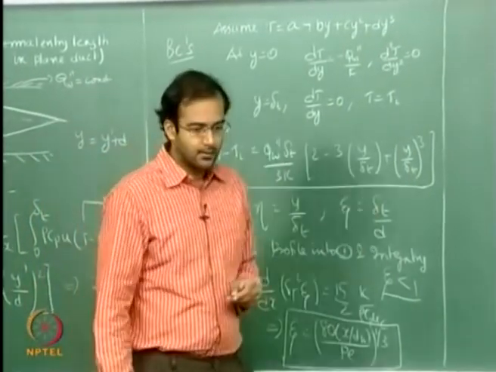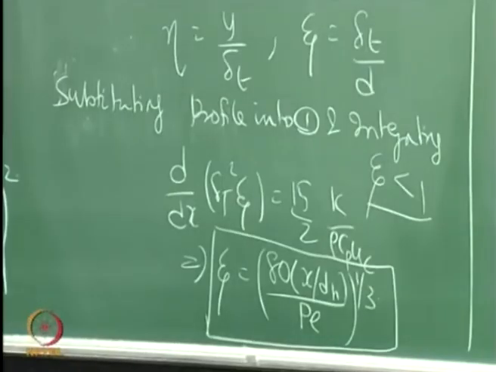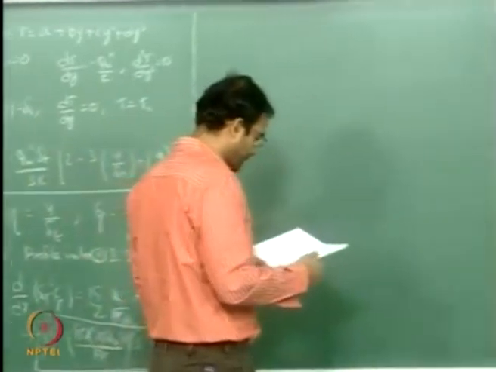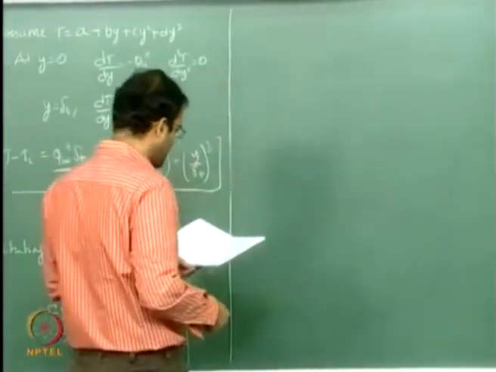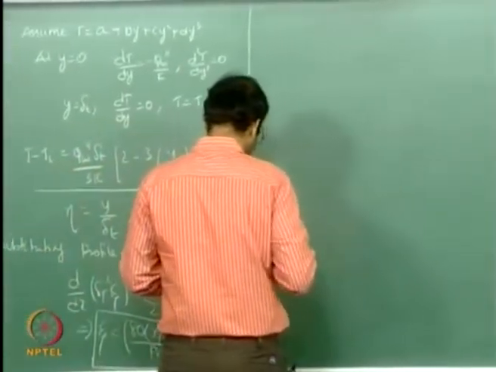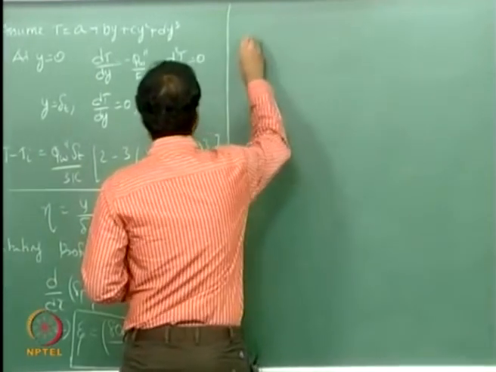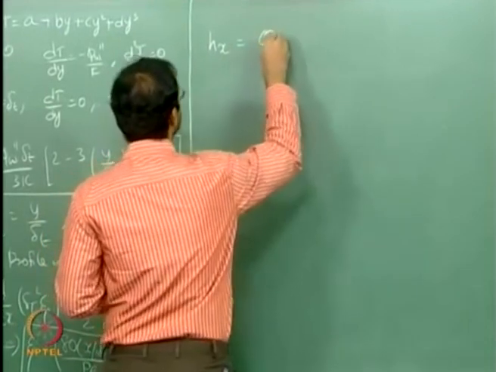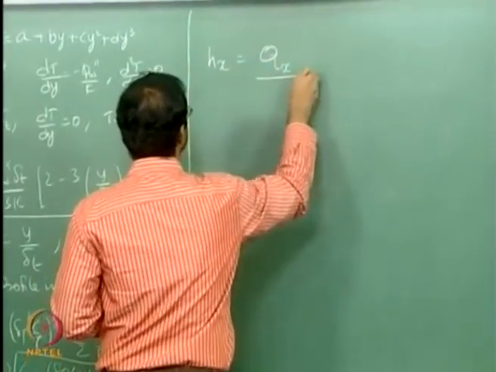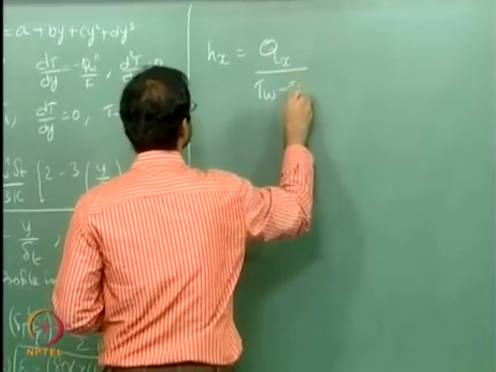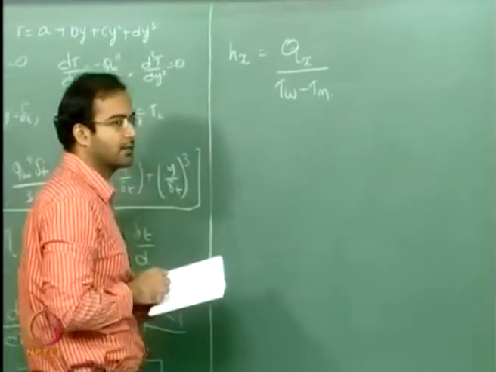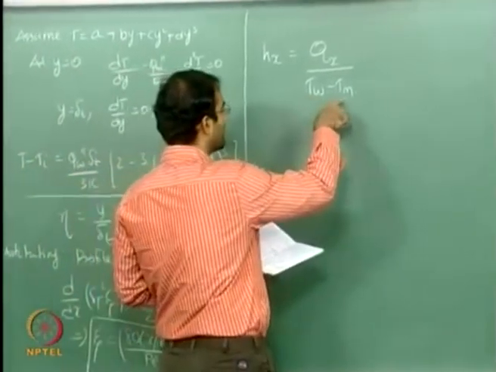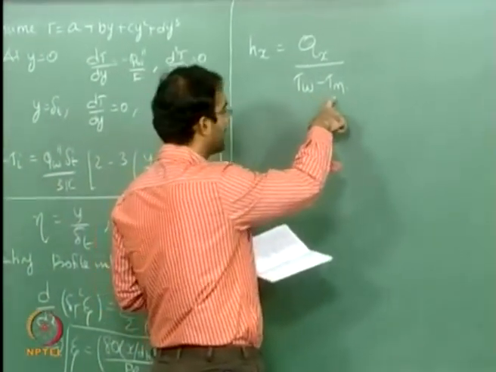From here we have to go on and get the expression for the heat transfer coefficient. We define our heat transfer coefficient h of x, which is varying locally in the thermally developing region, as q x divided by T wall minus T m. This is our definition in internal flows. So now we need to get the denominator, which is T wall minus T m.